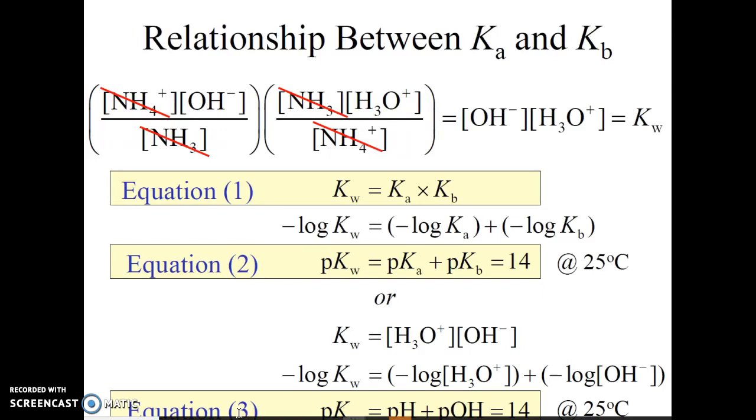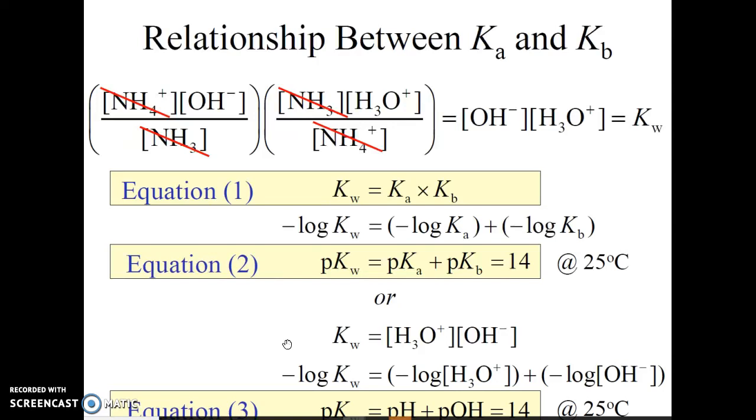at higher temperatures, the sum in either case here, equation 2 or equation 3, is going to be less than 14. And so if you think about it, Kw is temperature dependent, we know that, and the autodissociation of water is an endothermic process. In other words, we have to add heat as a reactant to that process.